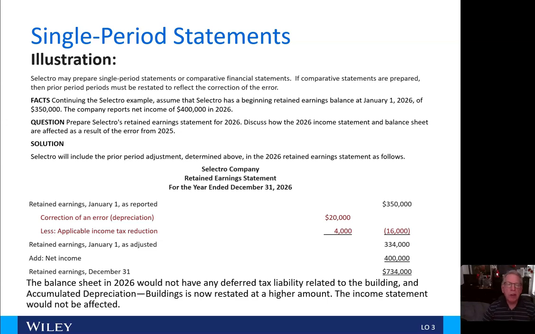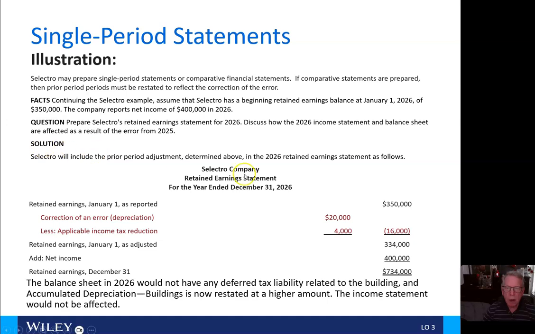And then we'll discuss how the 2026 income statement and balance sheet are affected as a result of the error from 2025.